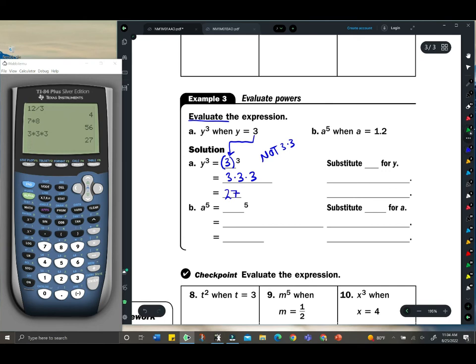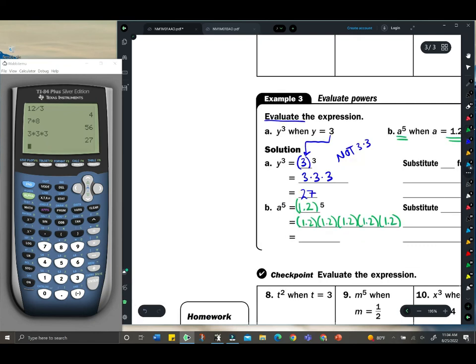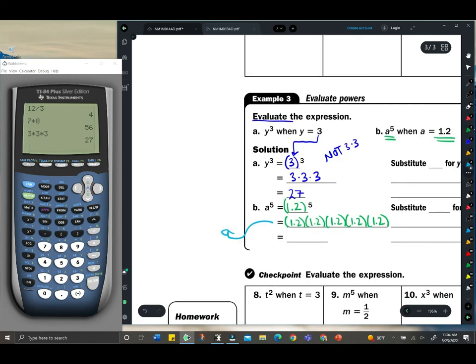a to the 5th, letter B here. So we're substituting when a is 1.2. So 1.2 to the 5th is 1.2 times 1.2, 3 more times. And here's a little calculator shortcut. If you want to do this in the calculator, we're going to type in 1.2. I invite you to do this with me.